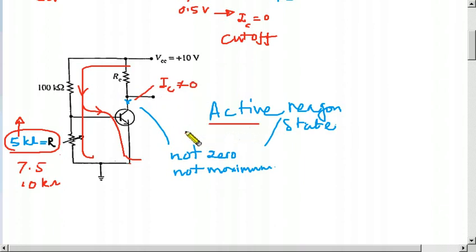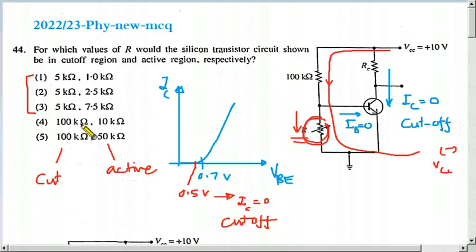To achieve that, we should increase the emitter resistor a little bit more than 5 kilo ohms. So the answer is a little bit more than 5 kilo ohms. This one is lower, this one is also lower than 5 kilo ohms, so these are not the answers. Therefore the third one is the answer.